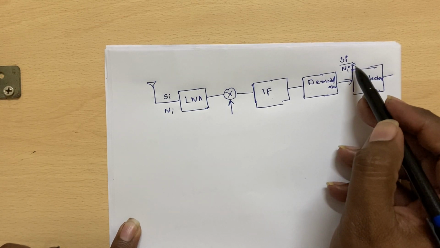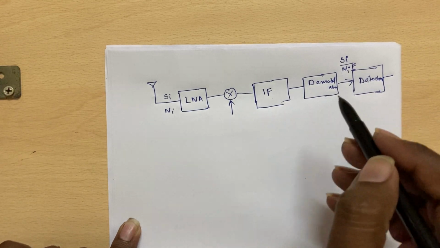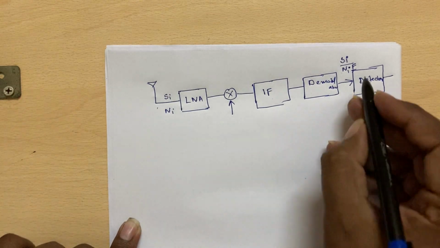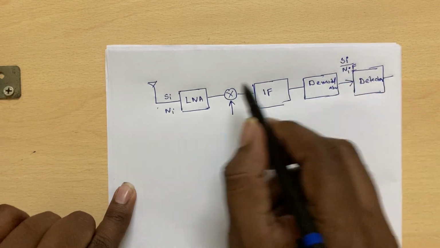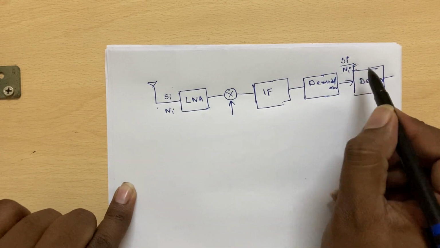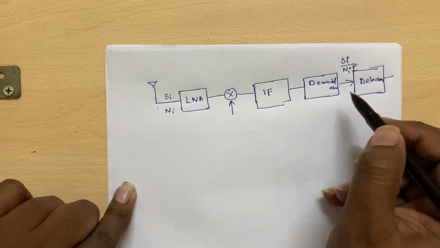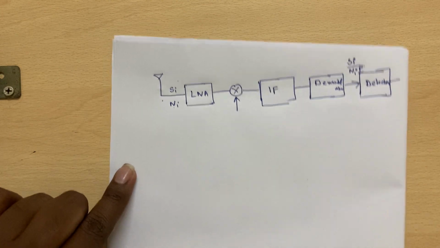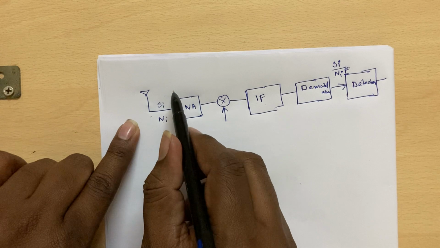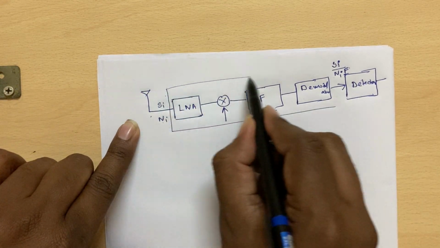This is not due to the surrounding temperature, but only due to the blocks present between the antenna and the detector. For a properly designed receiver, this F will be very small. In the ideal case, F equal to 1, so that this Si by Ni and that Si by Ni will be the same. Earlier we discussed the individual block noise temperature, and now we are going to discuss the overall noise temperature.